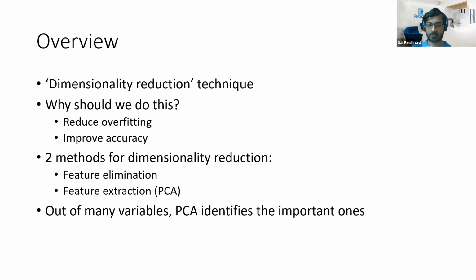Feature extraction is where you do some kind of mathematical analysis, or run some kind of algorithm, and that algorithm identifies and extracts those features which it considers to be the most valuable. So out of many variables, PCA identifies only the important ones.